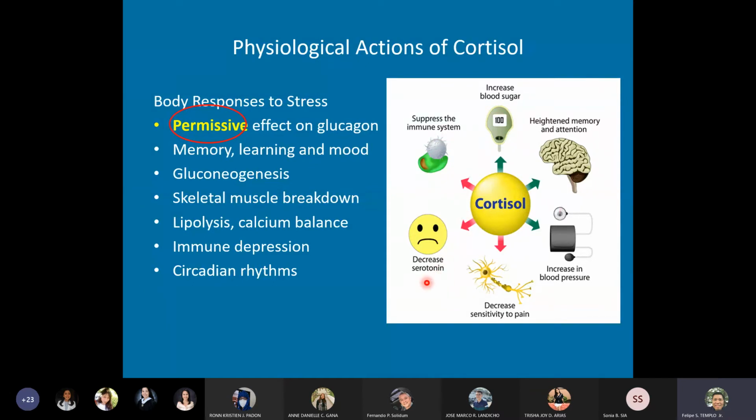It can decrease your serotonin, which can actually cause depression. It decreases sensitivity to pain and increases blood pressure. It can heighten your memory and attention briefly. It has a permissive effect on glucagon, meaning it can stimulate or amplify the effect of glucagon, which elevates your blood glucose and all of this.